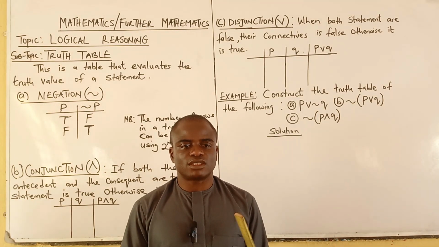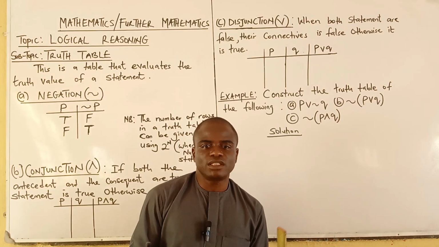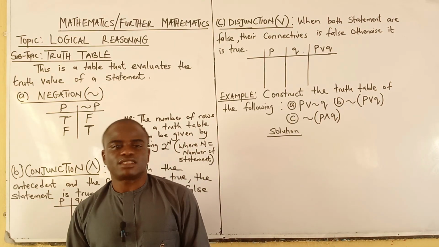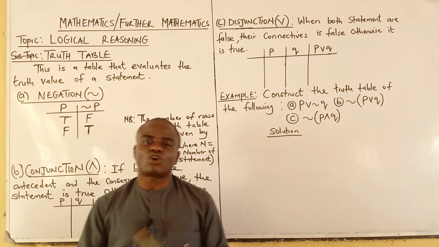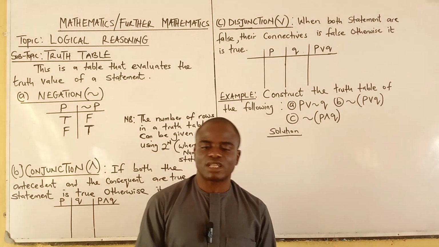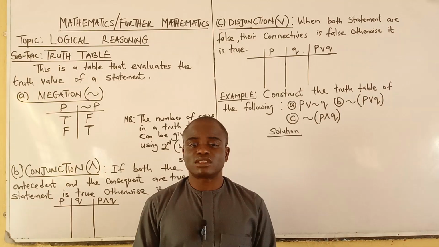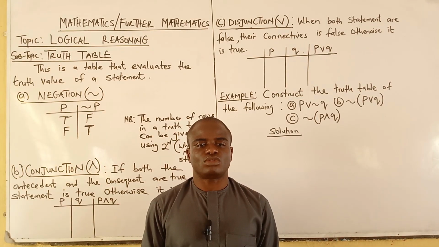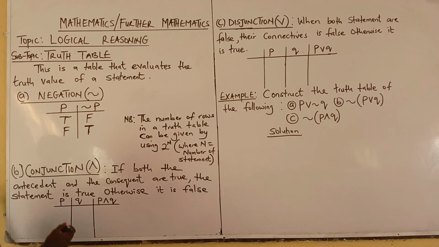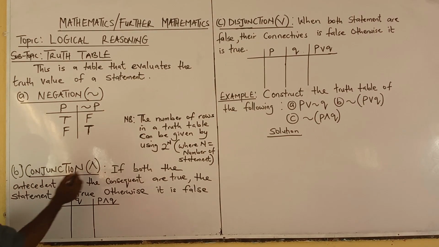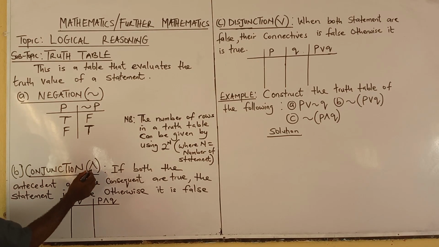The condition is saying that when both the antecedent, which is the first sentence, and the consequent, which is the second sentence, are true, the statement is true. Otherwise, it is false. Now let's write what it's saying. And the symbol for conjunction is an arrowhead pointing upward.